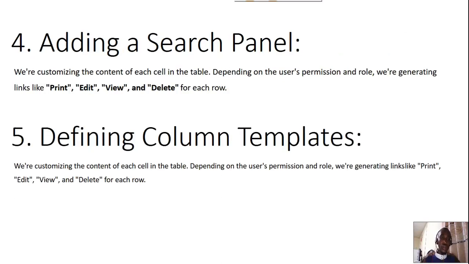Number 4, we get certain things in the tools, and the one to add is the search panel, and it will not be shown initially when we do that. The search panel will be another big tool. It is like a search engine where you search for anything about a particular person in a record.